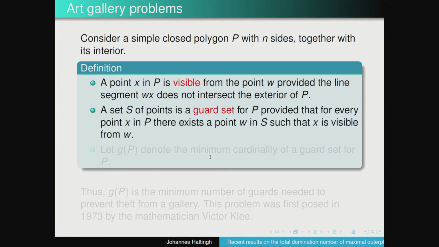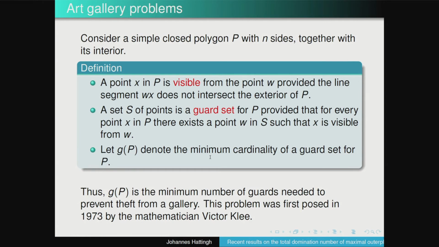So a set S of points is a guard set for P, provided that for every point X in P, there exists a point W in S such that X is visible from W. And then the last definition, g(P), denotes the minimum cardinality of a guard set of P.